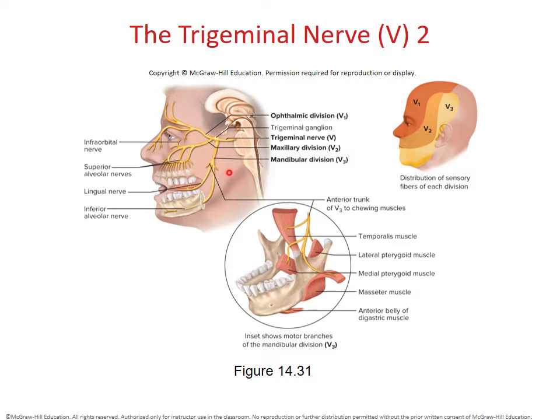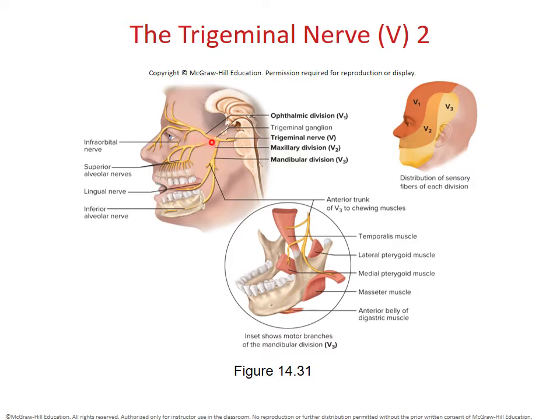Now, each of the three branches or divisions passes through a different foramen to get through the skull. The ophthalmic division passes once again through the superior orbital fissure. So we're seeing that the superior orbital fissure is a very important opening through which many of these cranial nerves pass already.